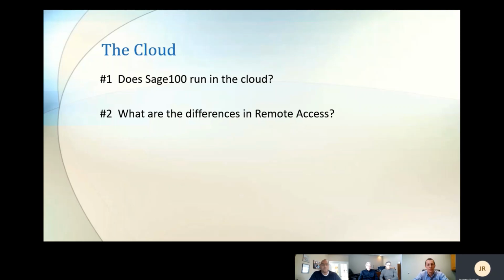There is a solution that some other providers utilize, which is called RemoteApp, which is an ability to access an application on a remote desktop and not have to worry about running the whole desktop, just running the app within an RDP session. So there's a couple of different ways to get to the same aspect, which is running Sage 100 remotely.